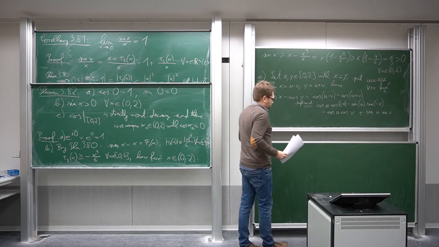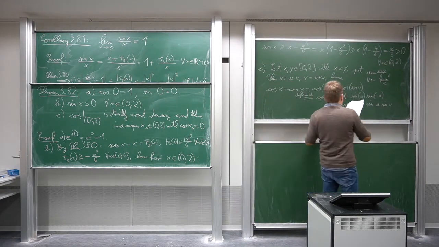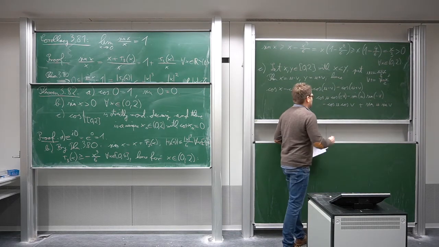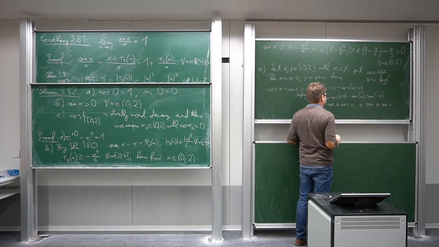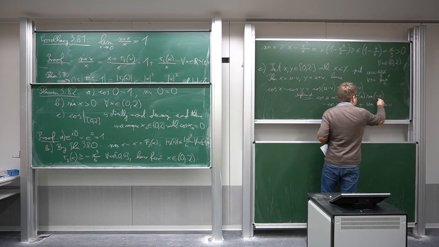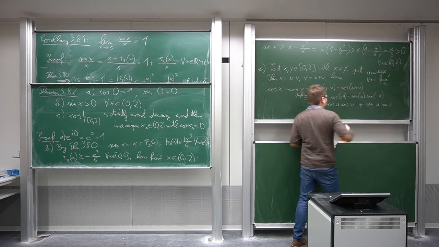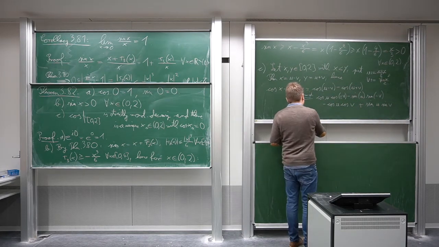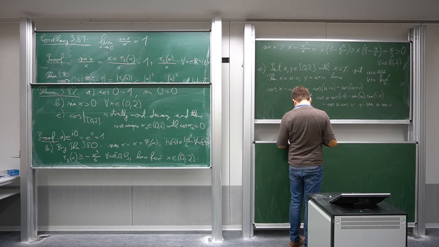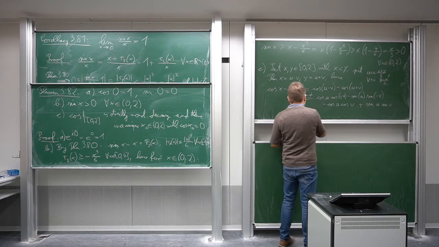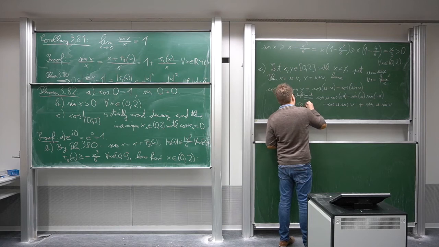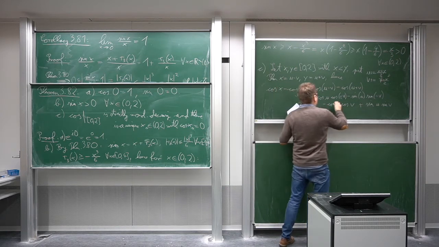Now we can use the symmetry properties that we had: the cosine doesn't depend on the sign, and for the sine of minus something, we can pull the minus out. This was theorem 377, just the symmetry properties.